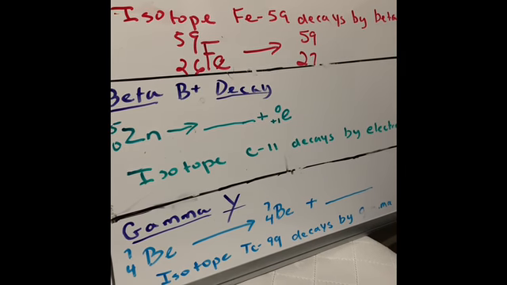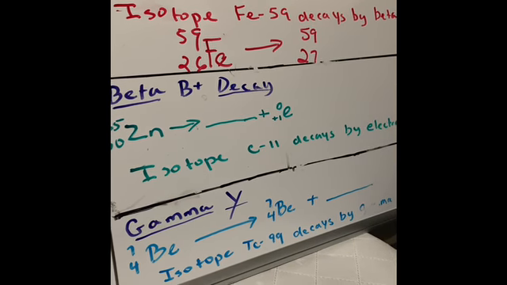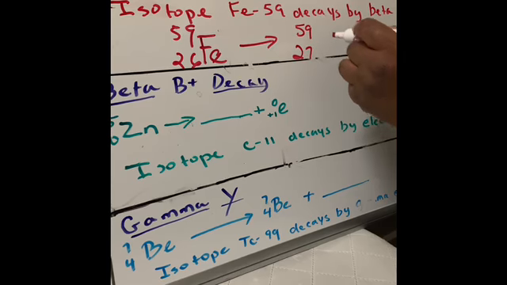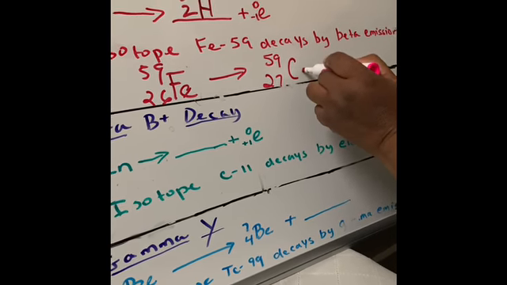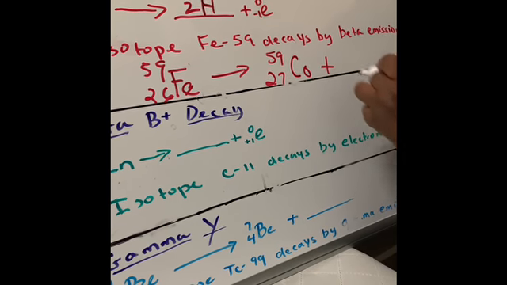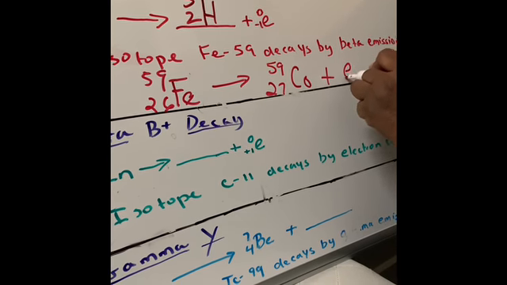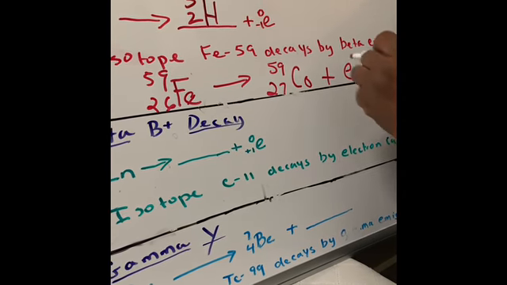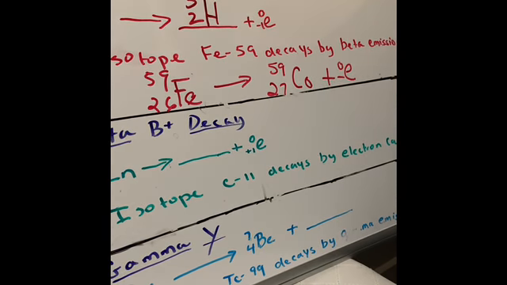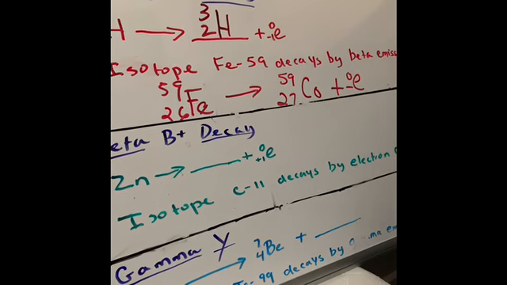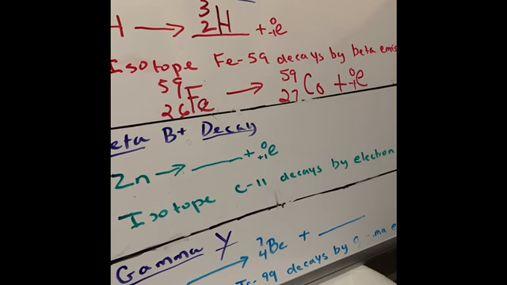And so in beta negative decay for iron, we're going to keep the atomic mass the same, and the atomic number will change, which is 27, which means that iron is turning into cobalt. And of course, whenever we have beta decay that is negative, we indicate that by the loss of an electron. So we have to do our symbol for the loss of an electron, which would be the e with the 0 and the -1 next to it.